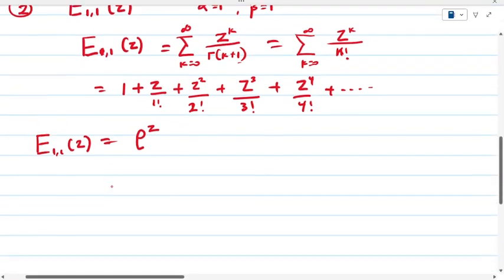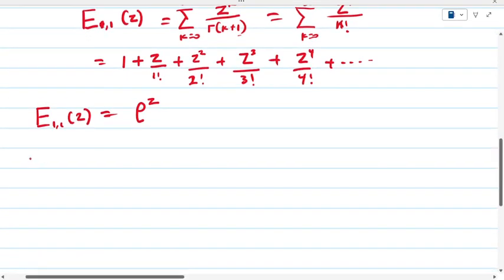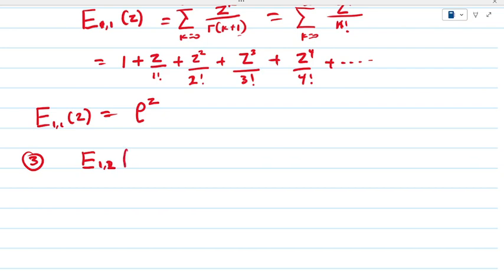Okay, so case 3. We have done E 1 comma 1, so let's go to 1 comma 2. With this 1 comma 2, you will know how to get 1 comma 3, 1 comma 4, and the rest.